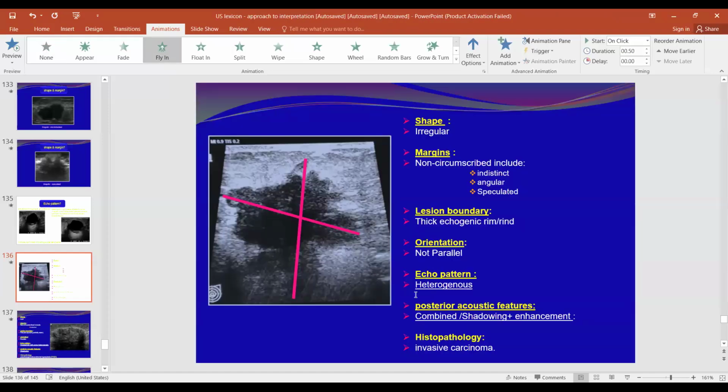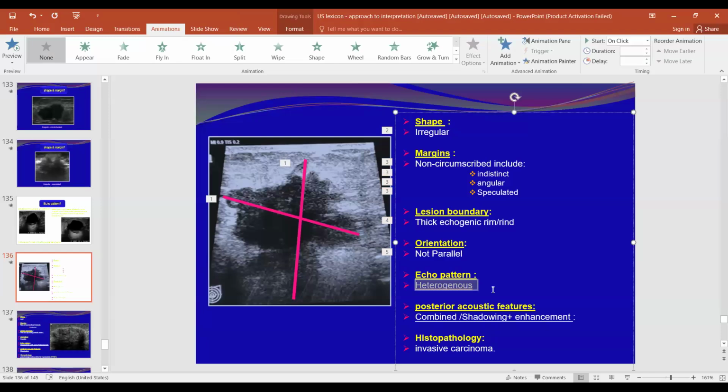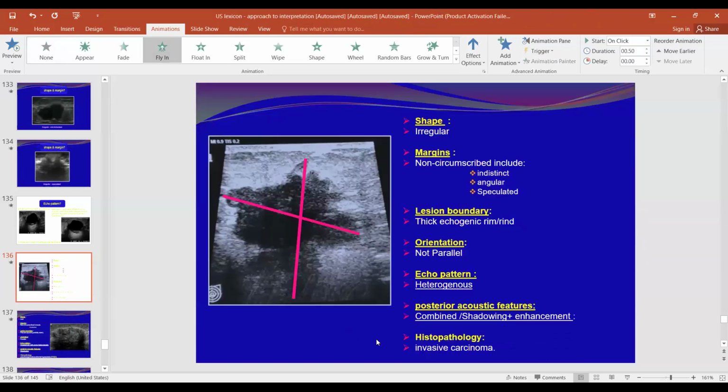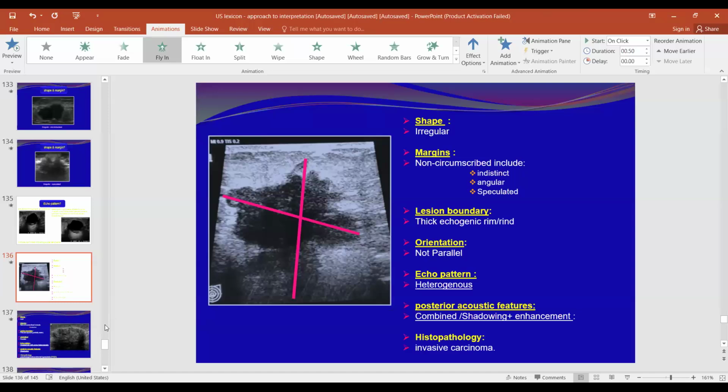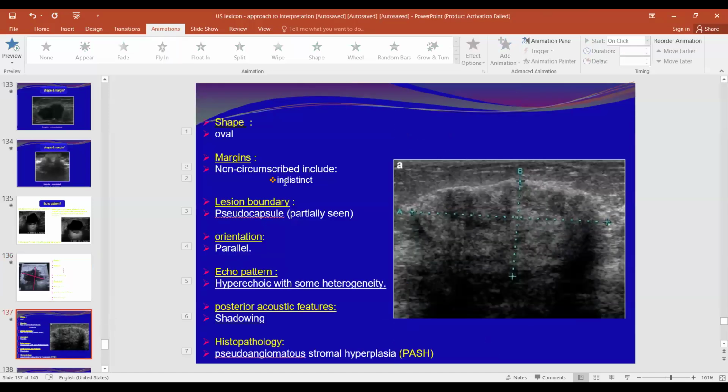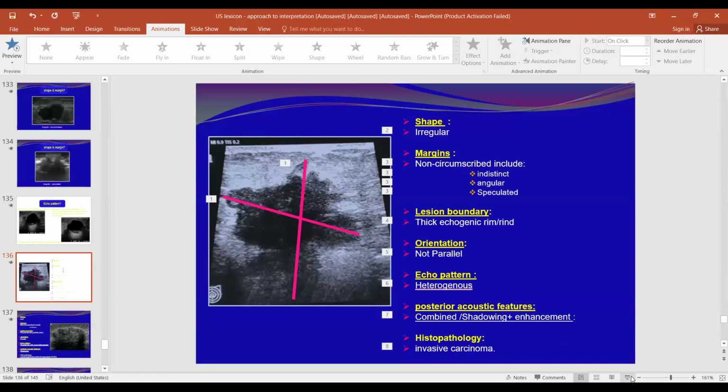But a lot of things, I don't know what happened. I prepared it with PowerPoint and not PowerPoint. I mean, this is animation. I have done the animations. I don't know why it came like this.